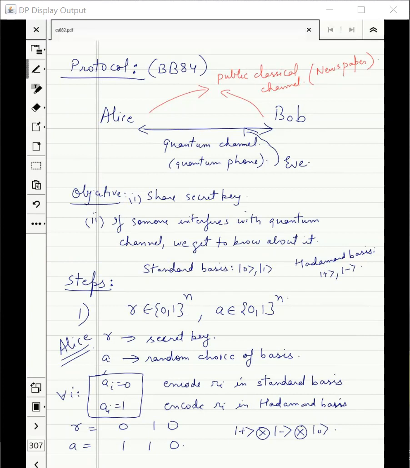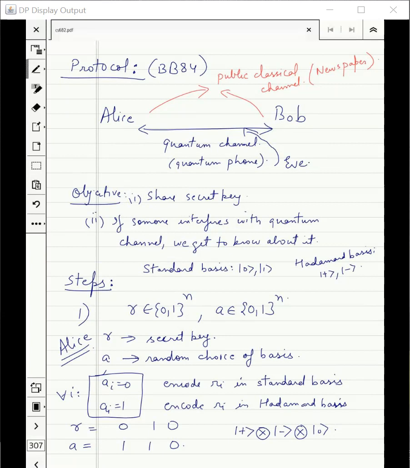This protocol will anyway be public. If we say that at the second position we are going to use B1 and B2, that will be known to Eve, so there is no use.